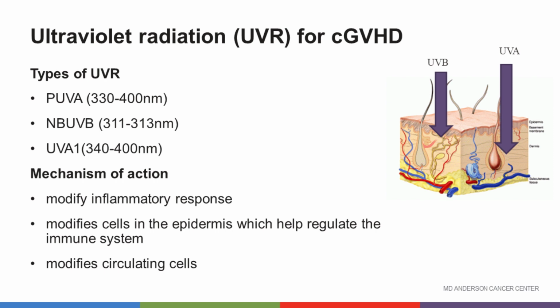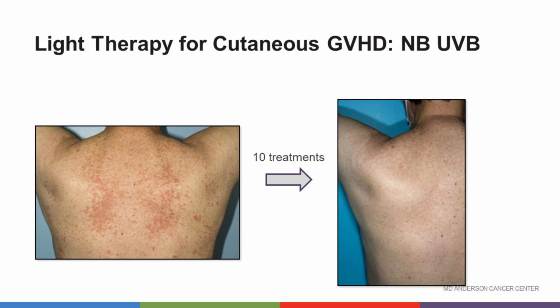How does it work? It modifies the inflammatory response. It modifies the cells in the epidermis, which help regulate the immune system. And there's a lot of blood vessels in the skin, so to some degree, it modifies the circulating cells. So the way we tend to use it here is we tend to use it only in epidermal and superficial dermal graft-versus-host disease.